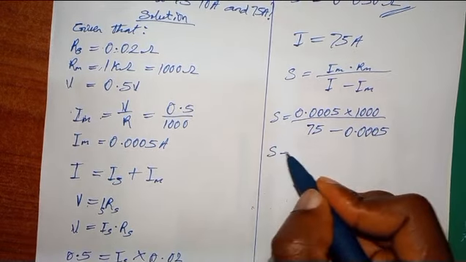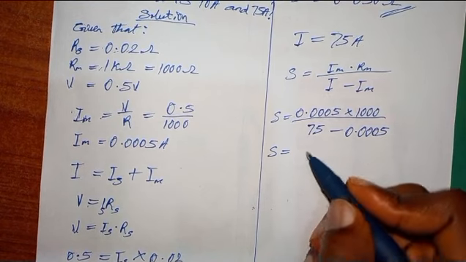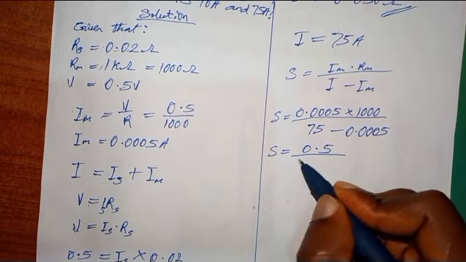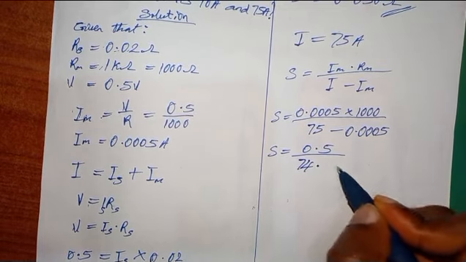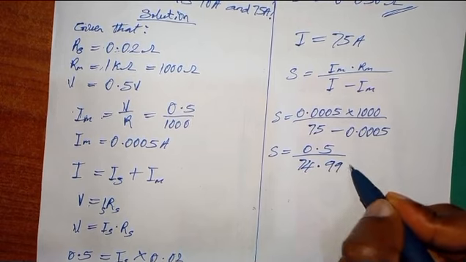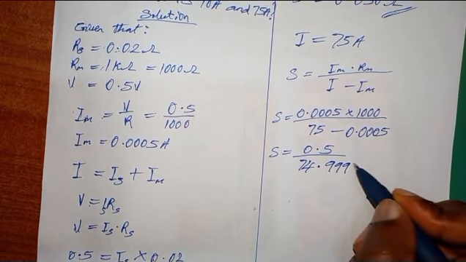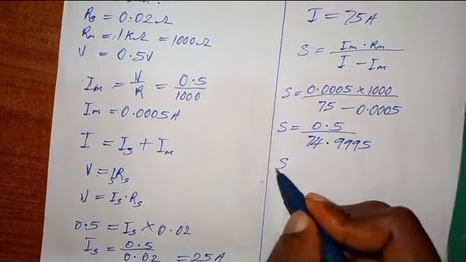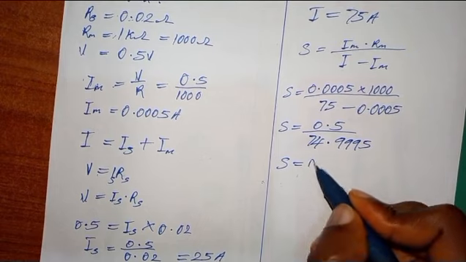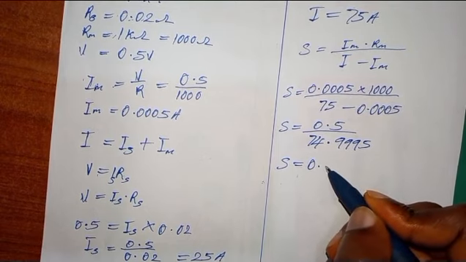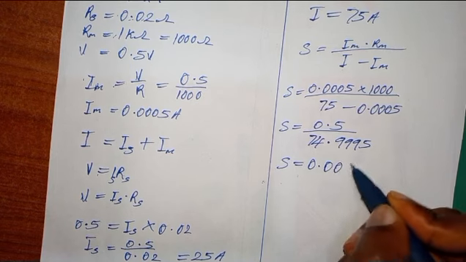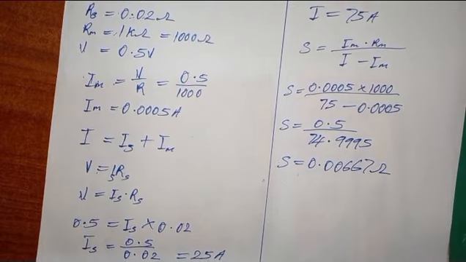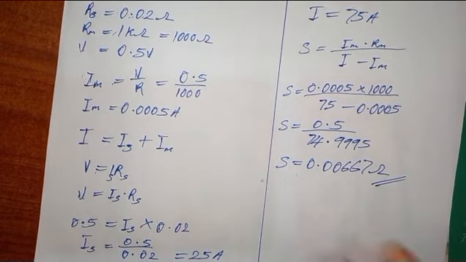So S here will be equal to 0.5 divided by 74.9995. So S will be equal to 0.00667 ohms. This is the final answer to the question.